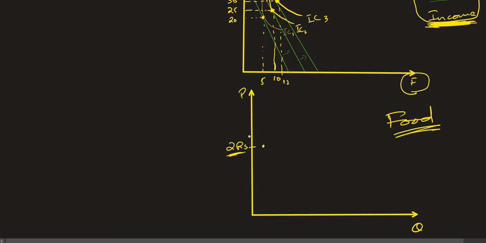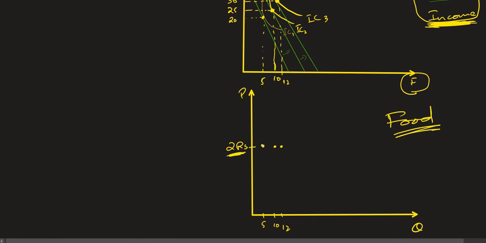His income has increased, but the prices are the same, 2 rupees, and he has increased his consumption from 5 to 10 units. Here we had 5 units, here we had 10 units, and here for example we have 12 units. The prices are the same and he has increased his quantity demanded.